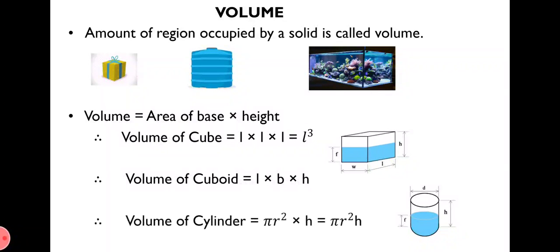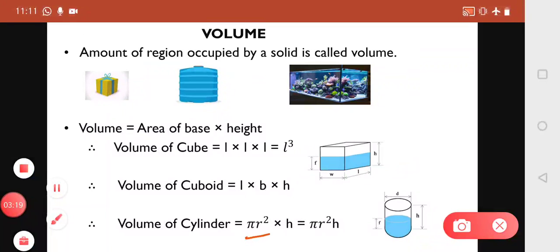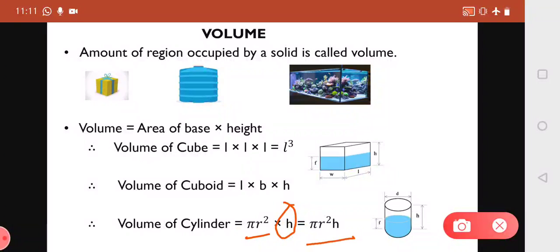Therefore, the volume of a cylinder equals pi r square into h, where pi r square is the base area, because the base is circular and the area of a circle is pi r square, and the height is given as h. So we multiply base into height, that is pi r square h. So these are the three different formulas respectively for the volumes of a cube, cuboid and cylinder.